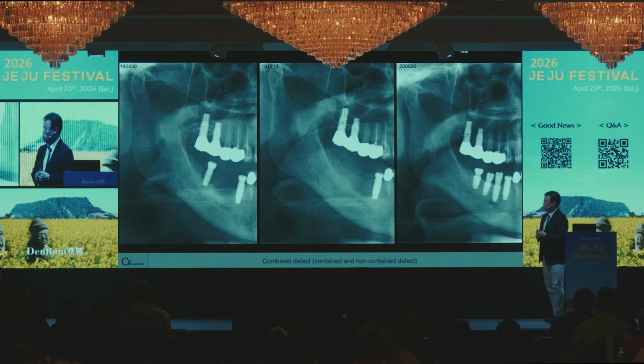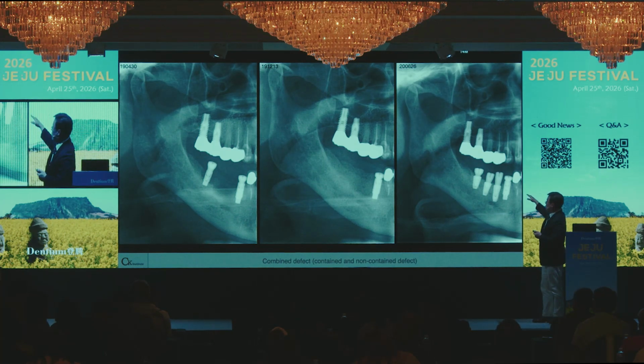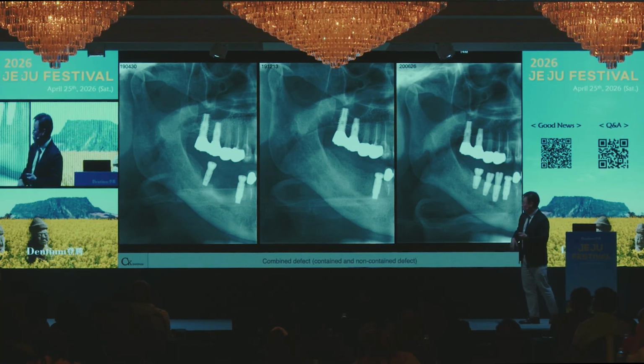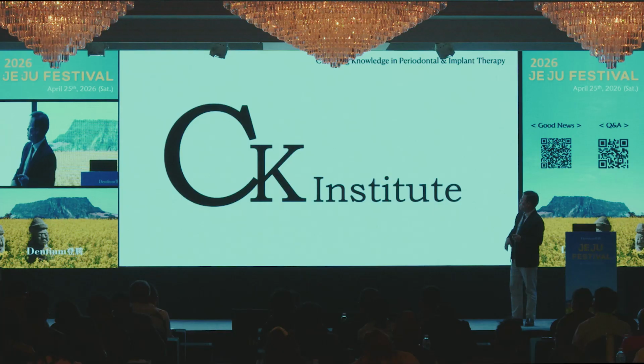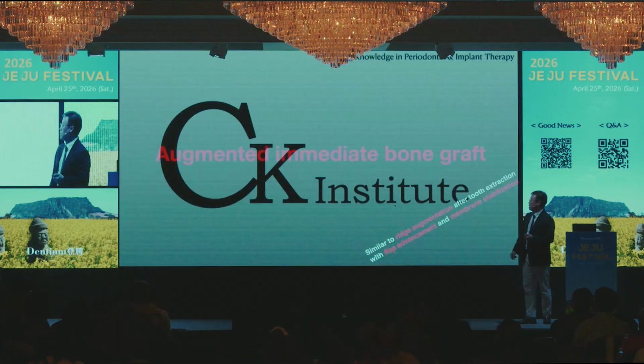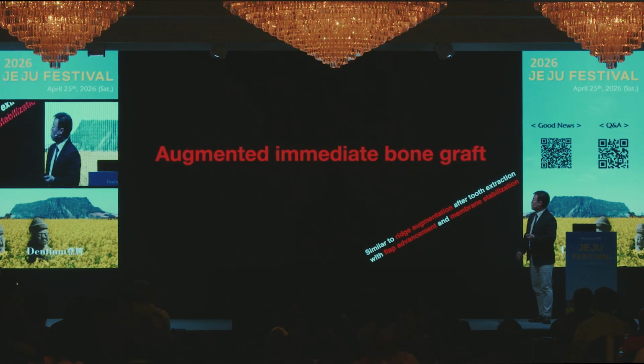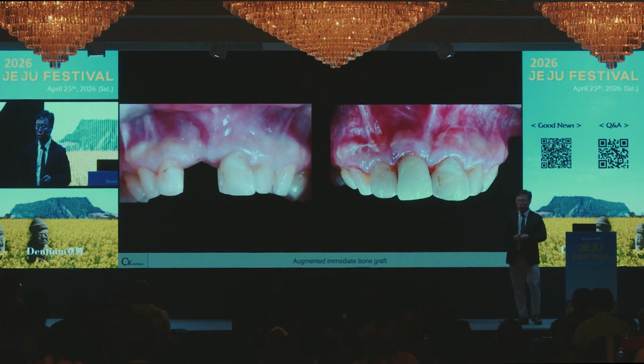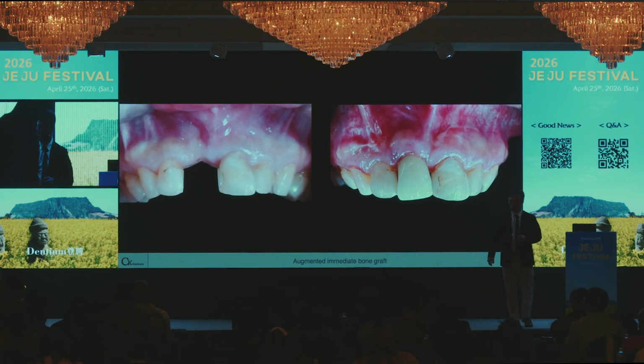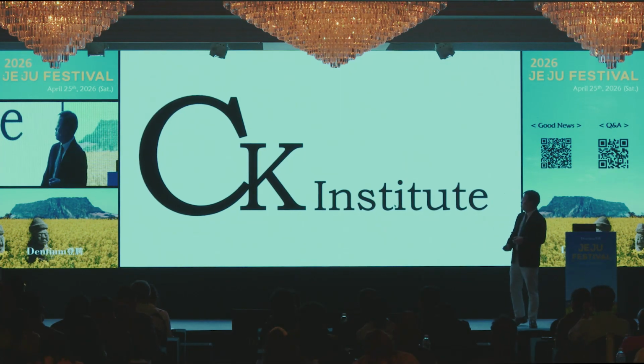This is the radiograph after immediate augmentation first. I'm going to skip because we don't have enough time. So another augmented immediate bone graft, for the anterior tooth area. We had to remove the implant.